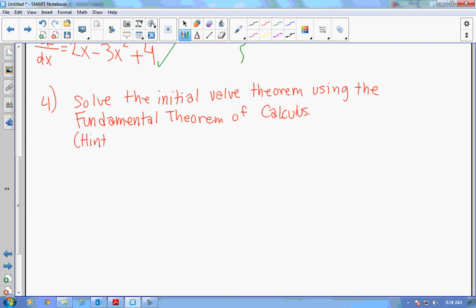Hint: your answer will contain a definite integral.